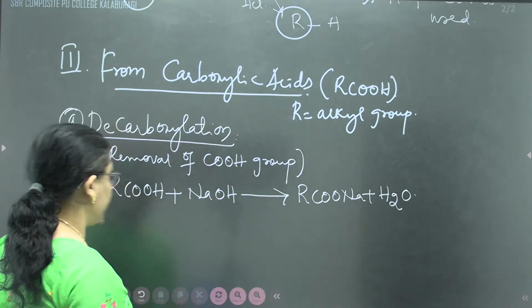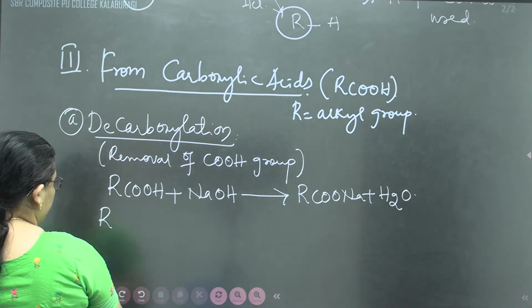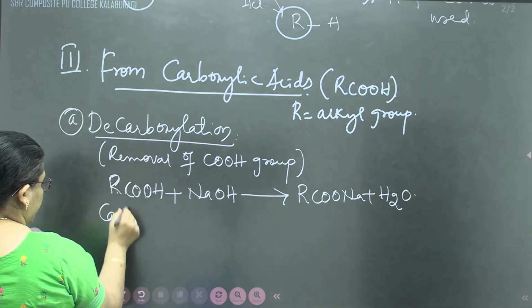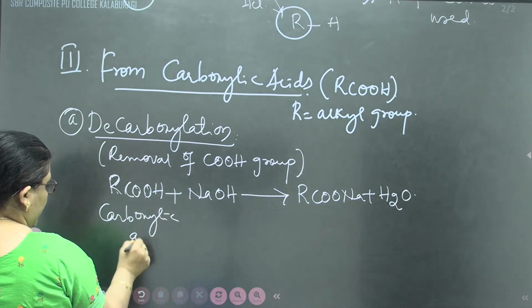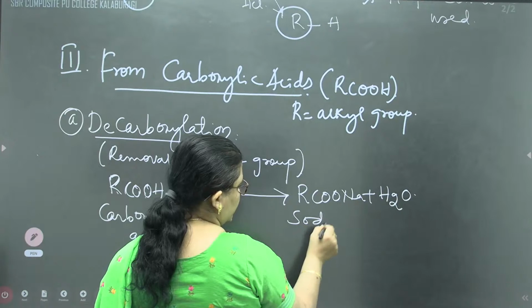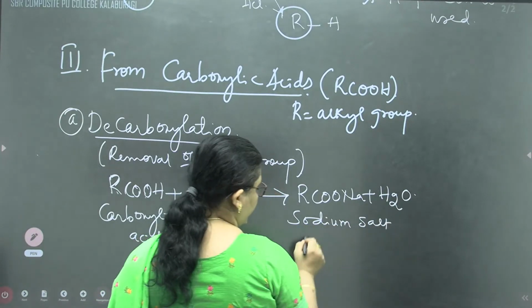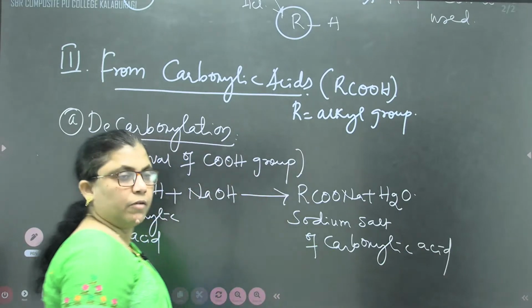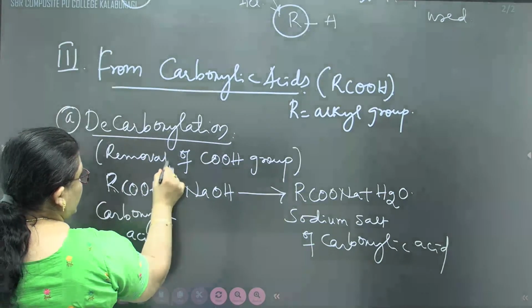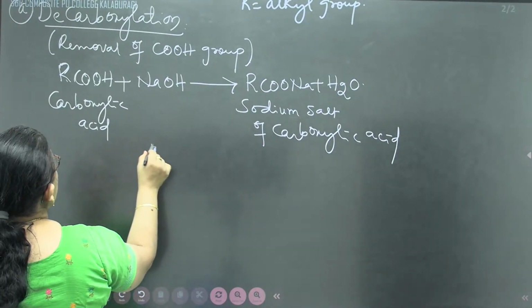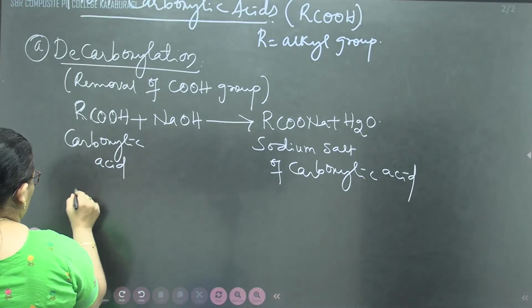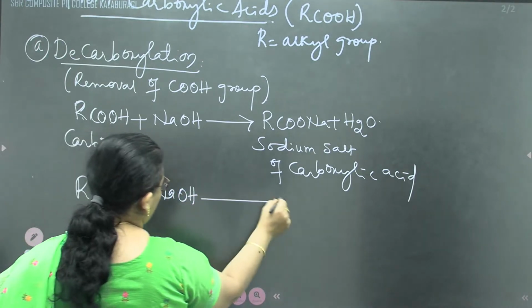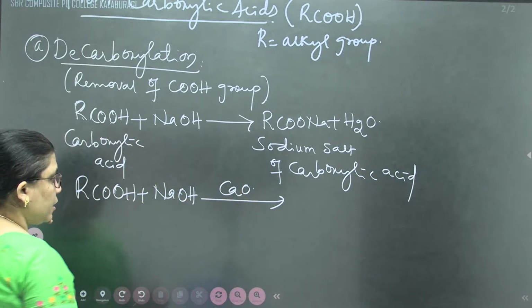When this sodium salt of carboxylic acid is heated with soda lime, we get the hydrocarbon.